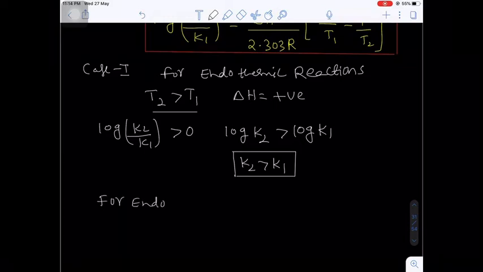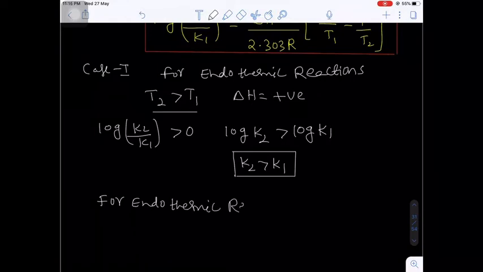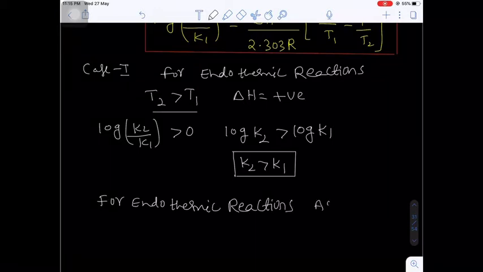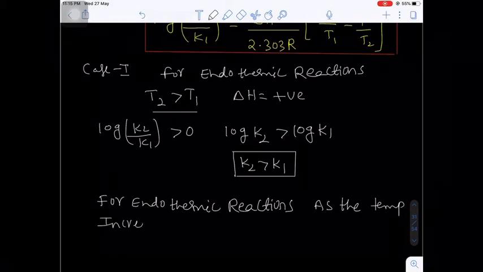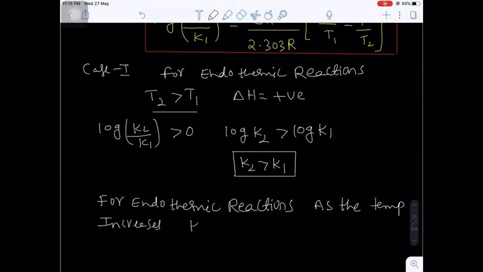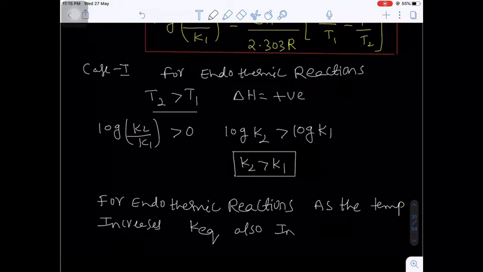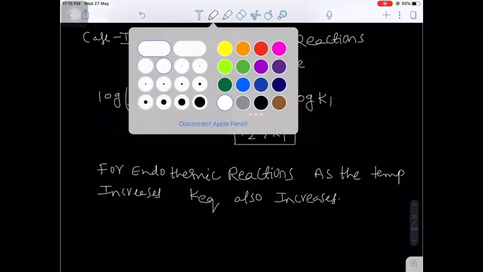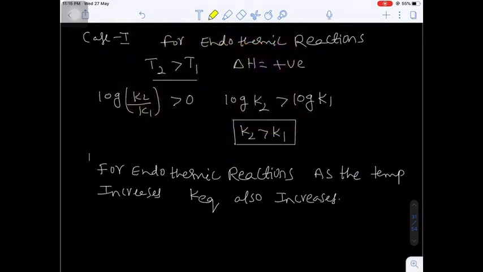So in short notation, what I am writing here, for endothermic reactions, as the temperature increases, equilibrium constant also increases.